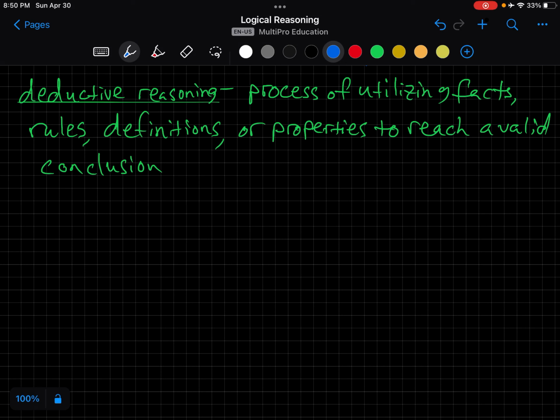So this is used quite regularly in my field, and to be honest, a lot of people in the world don't use deductive reasoning. They could care less about facts. Sometimes people make decisions and operate off of opinions. Sometimes people don't really care what rules are. There's times people don't even care what definitions are or properties.